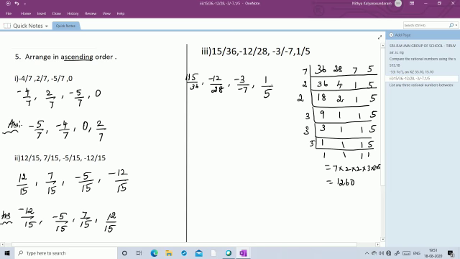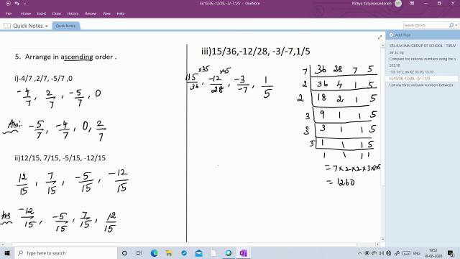So by which number should we multiply to get 1260? 36 multiplied by 35 gives 1260. Then 1260 divided by 28 gives 45, so that is the number we multiply.